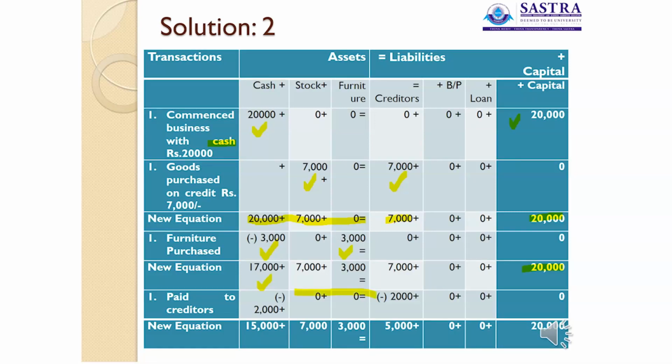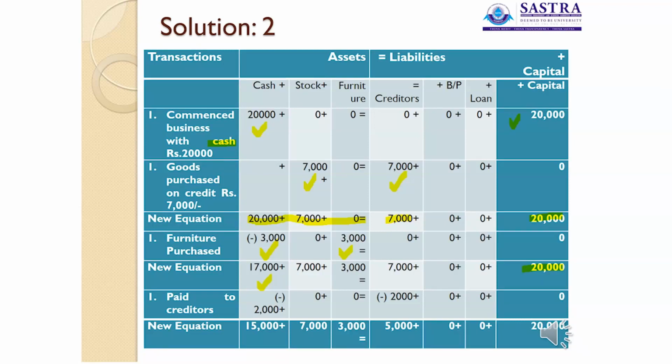Then next, paid to creditors. So paid to creditors, what are the accounts involved here? One is creditors account and another one is cash account. Paid to creditors, so we have paid the cash, so minus 2,000.